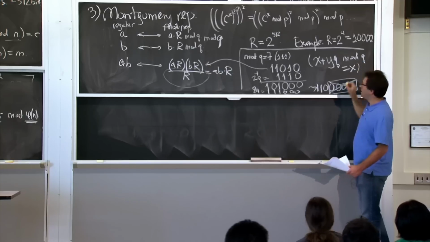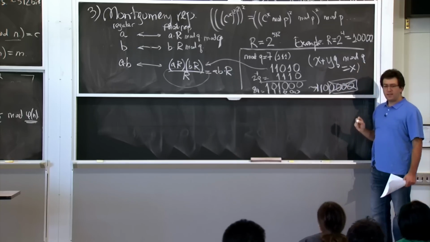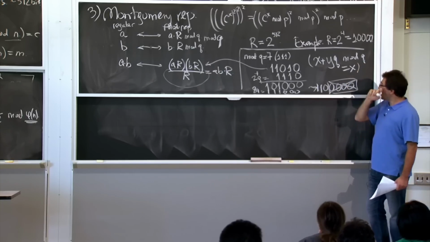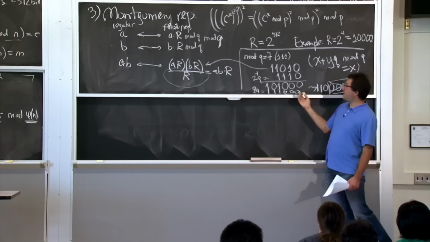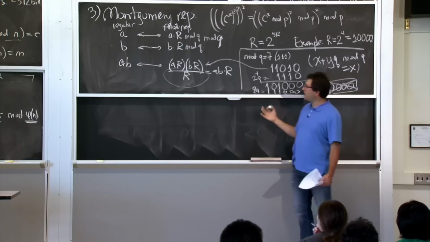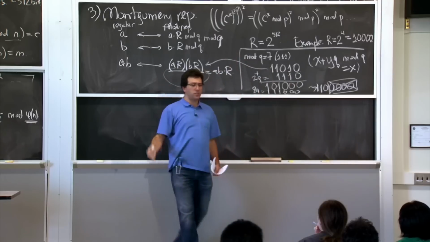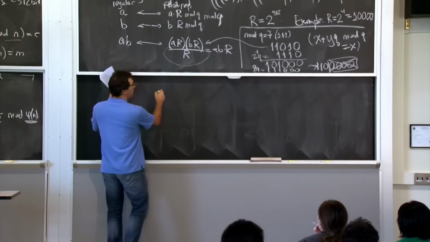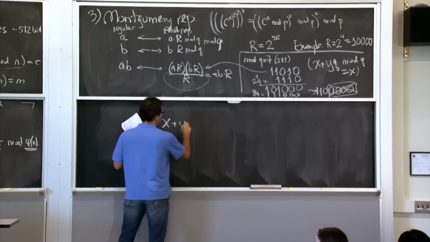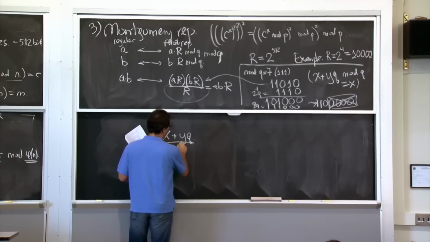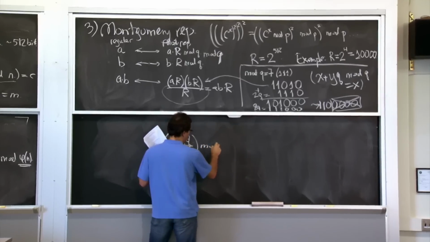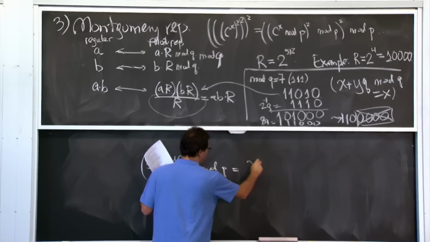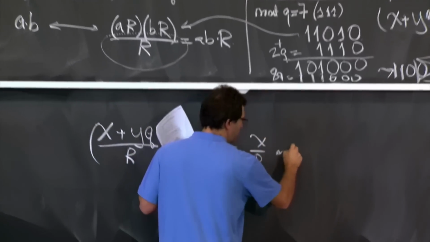But are you dividing by r before you put the mod q? So in this case, another nice property is that because it's all modulus a prime number, it's also true that x plus yq divided by r, mod q, is actually the same thing as x divided by r mod q.